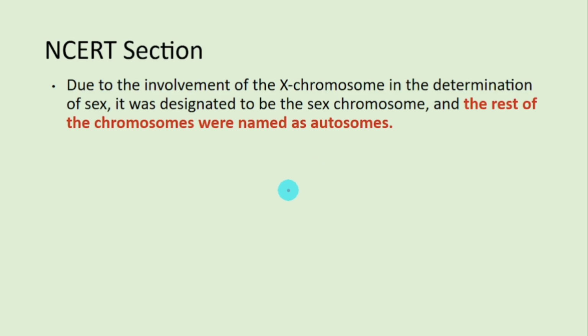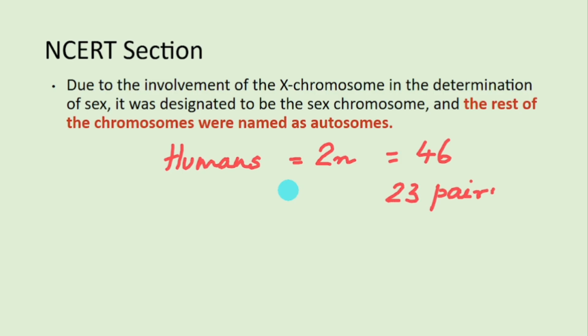In humans, we are diploid, so we have 46 chromosomes. We write it as 23 pairs. Out of 23 pairs, 22 pairs are autosomes, and one pair are sex chromosomes.